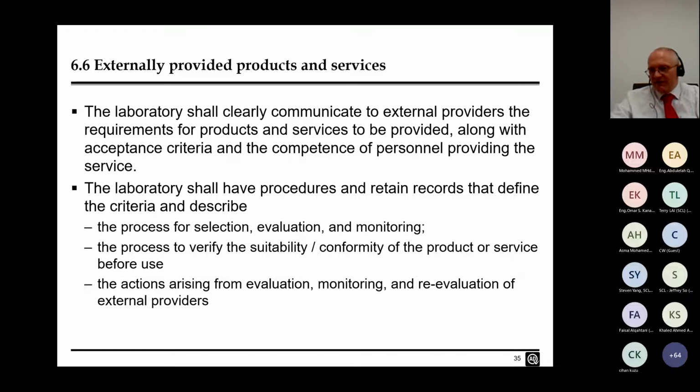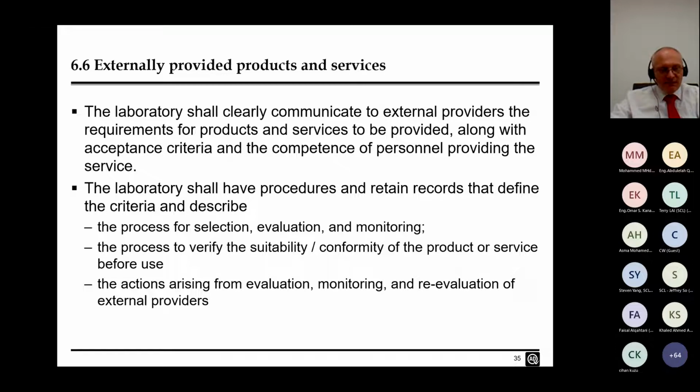This comes up when it comes to accreditation. If you're a DI or an NMI and you would like to publish your CMCs on the KCDB, there are specific competence requirements for the assessors. You need to make sure this is clearly understood by your accreditation bodies.